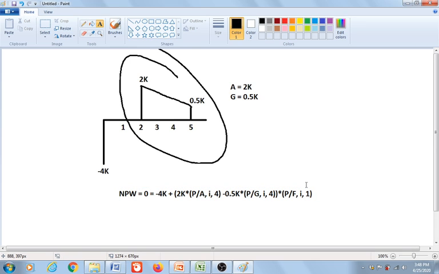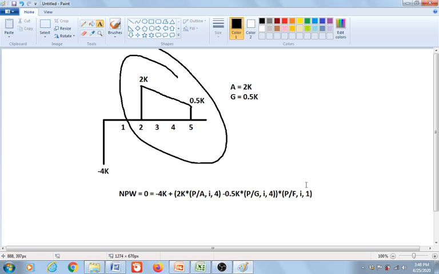So this is the net present worth equation for that cash flow diagram.